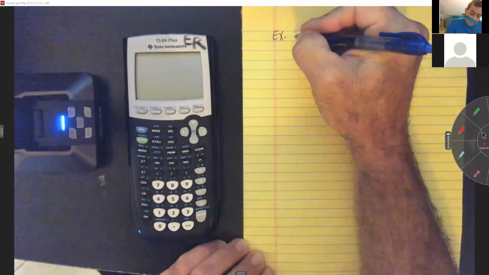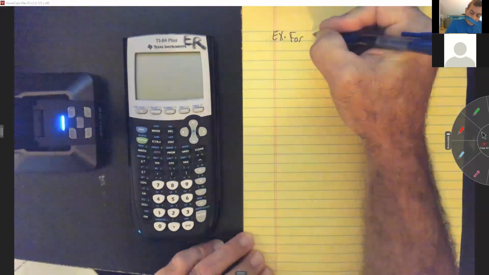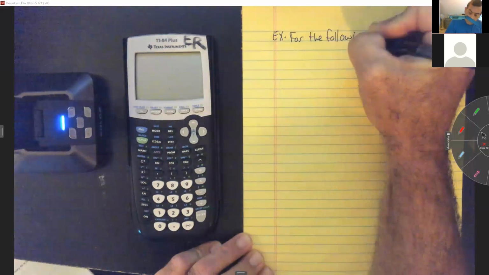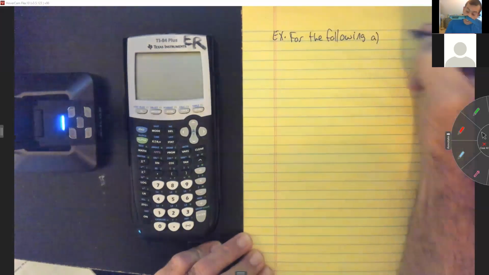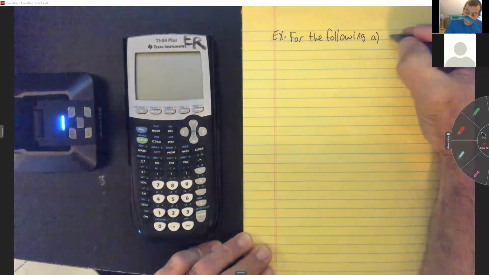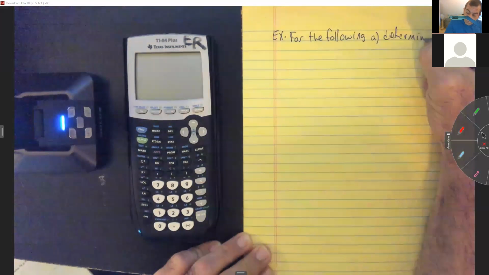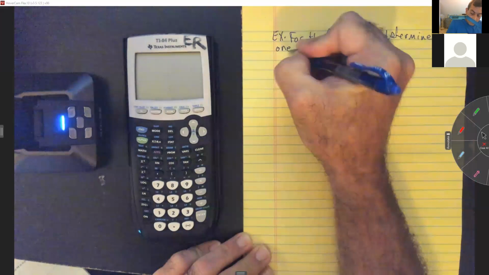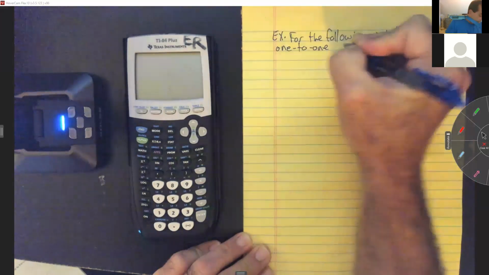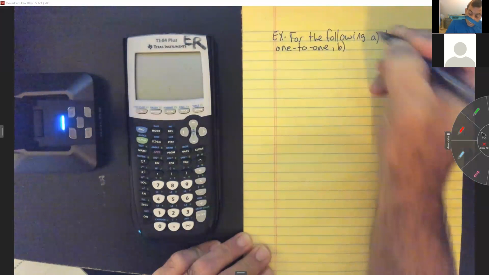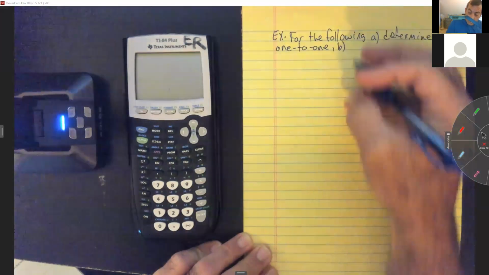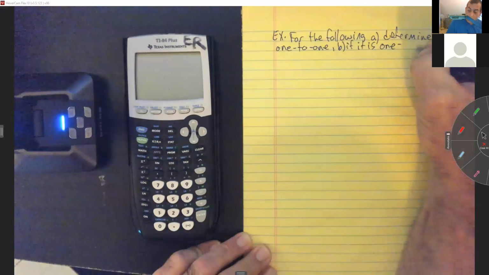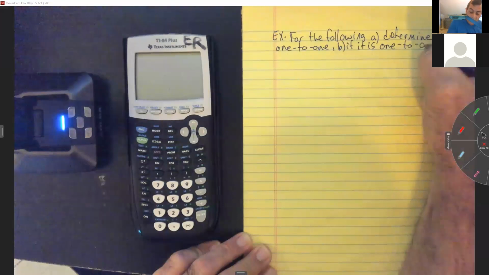All right, for the following, A, we're going to determine if it's 1-to-1. And then B, if it is 1-to-1, then find the inverse.